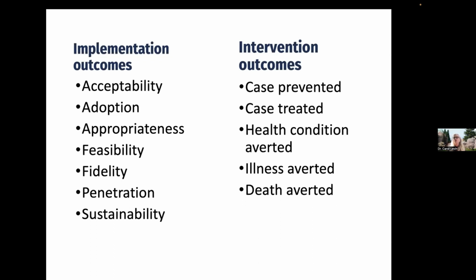If we don't have an effectiveness study, we can't directly look at illness or death averted. So time permitting, we can talk about those challenges of getting from an implementation outcome to a health outcome in the absence of measuring those direct changes. But this is a common challenge when costing implementation strategies.